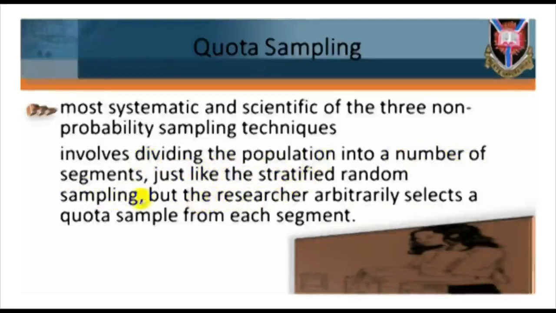However, unlike stratified random sampling, in this case, researchers arbitrarily select a quota sample from each segment. Thus, selection is not random, so quota sampling does not ensure the selection of a representative sample. Despite this shortcoming, quota sampling remains an attractive alternative to stratified sampling.